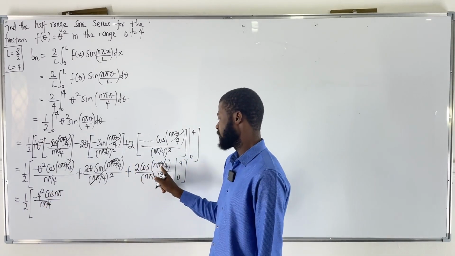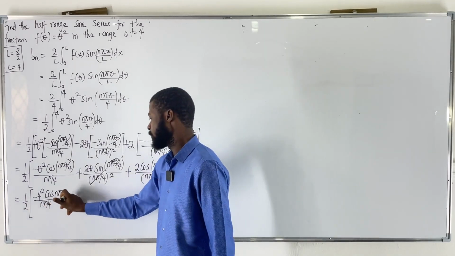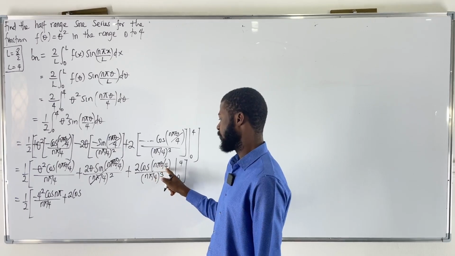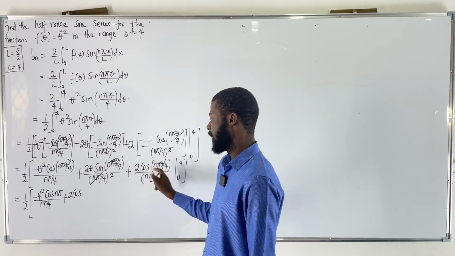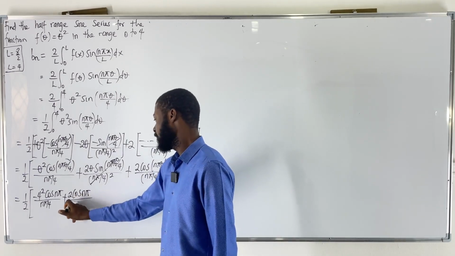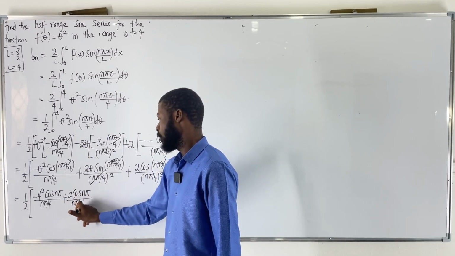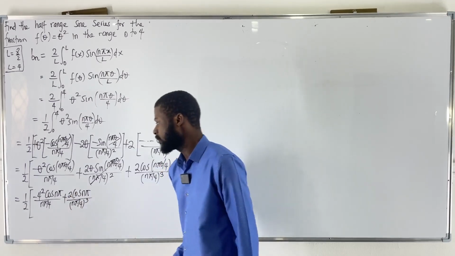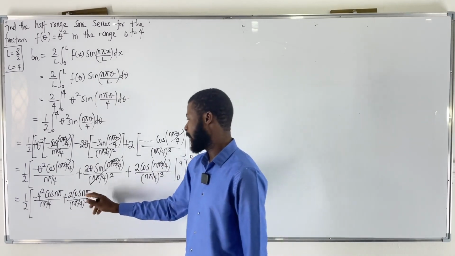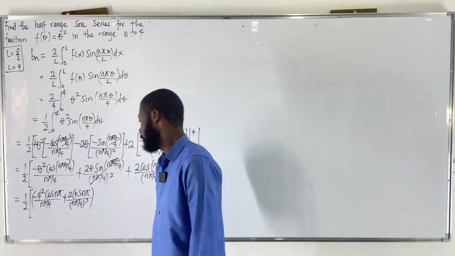Now for this part, let's put in our 4 here. So this is plus 2 cos, if we put in 4 here, 4 over 4 is 1, 1 times n pi is n pi. So this is n pi, divided by (n pi over 4) cubed. Now, this is when you evaluate your upper limit. So that's for your upper limit.